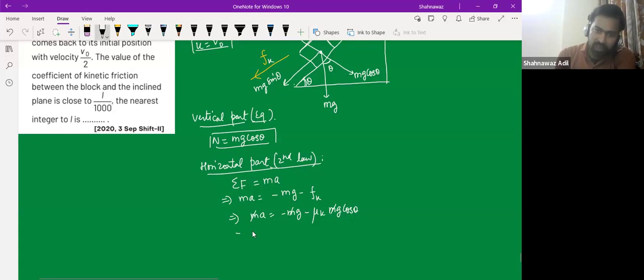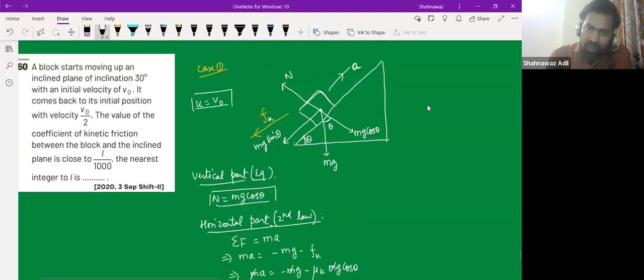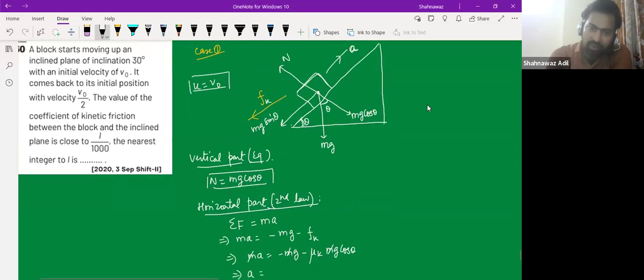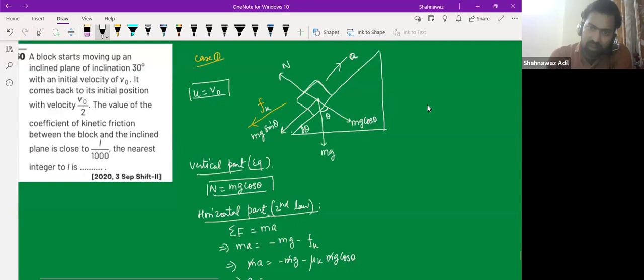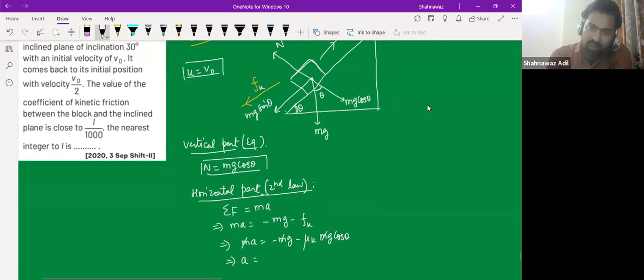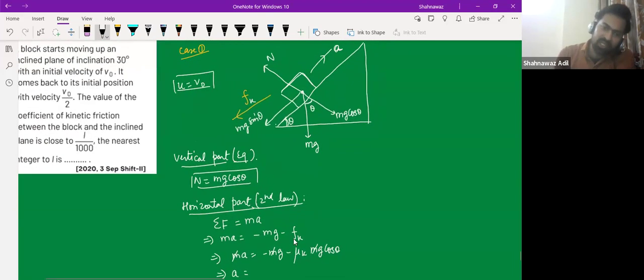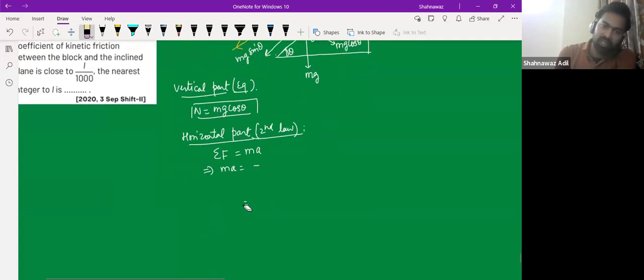So this acceleration is minus of... you didn't add sine theta. Where is sine theta? Oh, yes. I made a mistake in here.